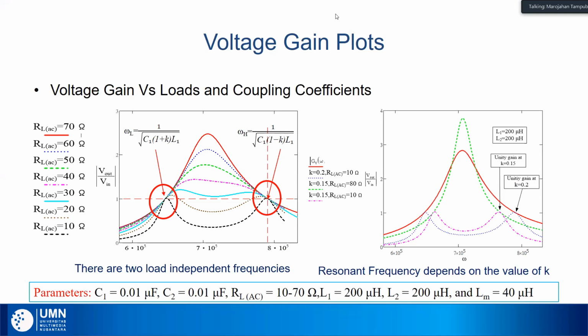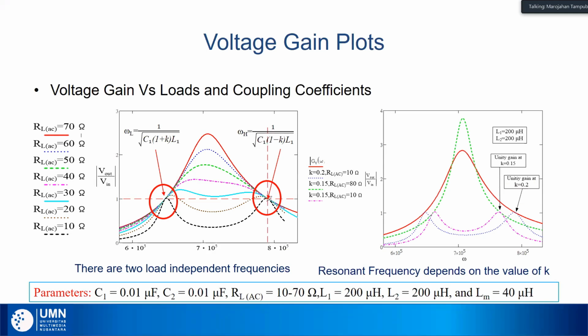And if you see in that curve, we have two independent frequencies actually, which are labeled here as WH, and another one is WL. So we can utilize this if we want a stable output voltage.